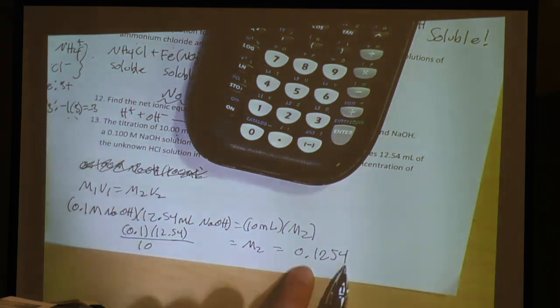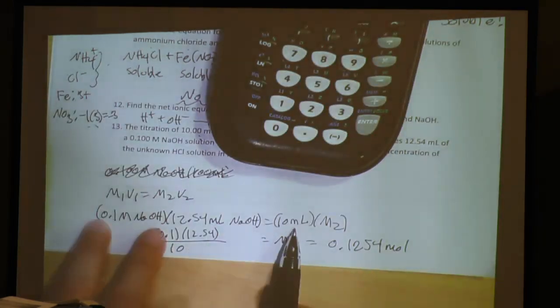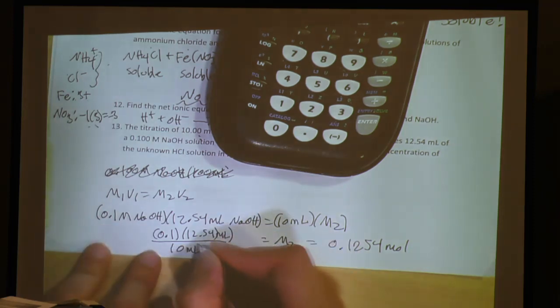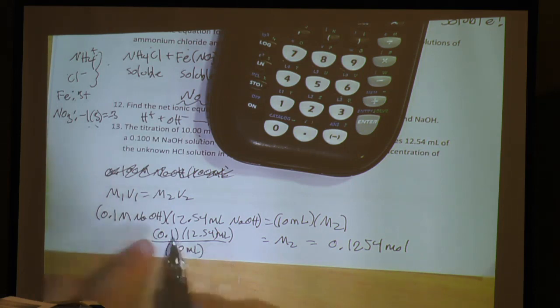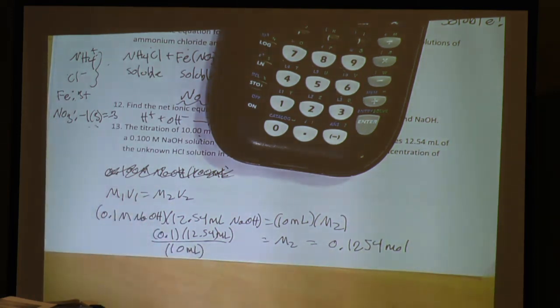What units do we have here? Yeah, perfect, moles per liter. Because over here, this was milliliter over milliliter, and this was moles per liter, so the milliliters cancel, and we end up with moles per liter.